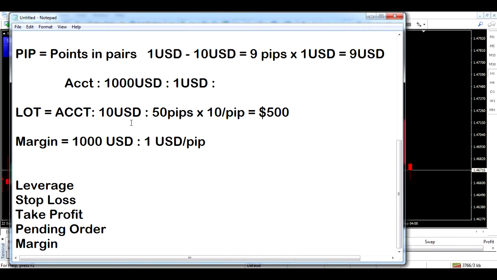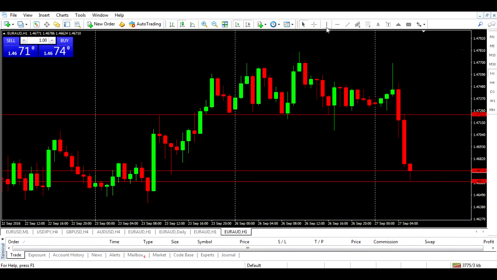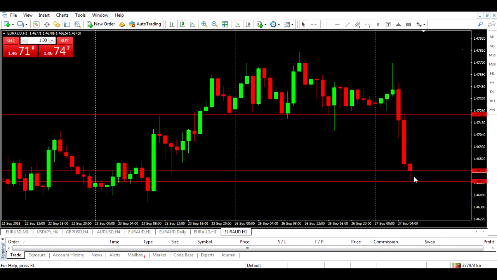So if I have $100 US, then maybe I could trade $10 per pip. But the problem is, as you have seen earlier, if I entered here and I was expecting price to go here, but price did not go there and reversed here, this is, let's say, 9 pips, and my margin is only, let's say, negative 5 pips.